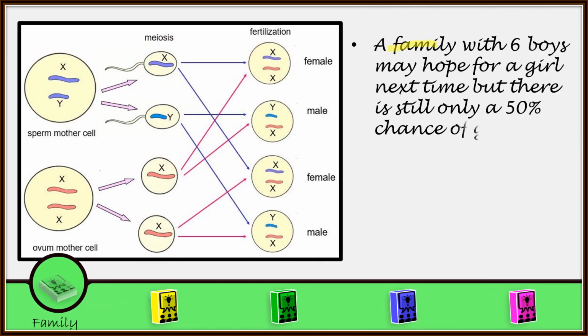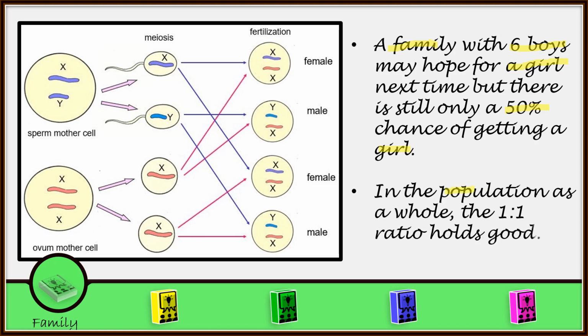A family with 6 boys may hope for a girl next time, but there is still only a 50% chance of getting a girl. In the population as a whole, the 1:1 ratio holds good.